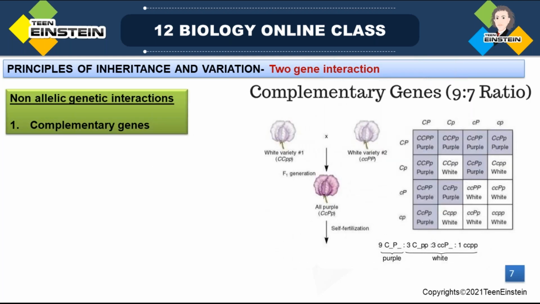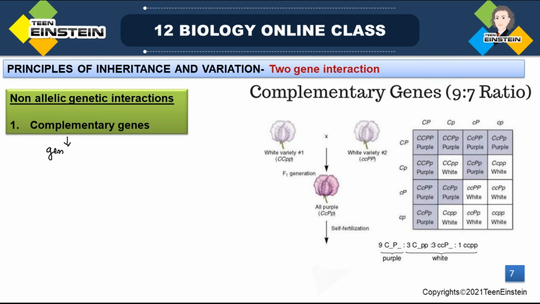Among the few examples of this non-allelic genetic interaction, first we are going to learn about complementary genes. How will they complement? They are complementing each other. Complementary genes are the genes which are complementing each other.